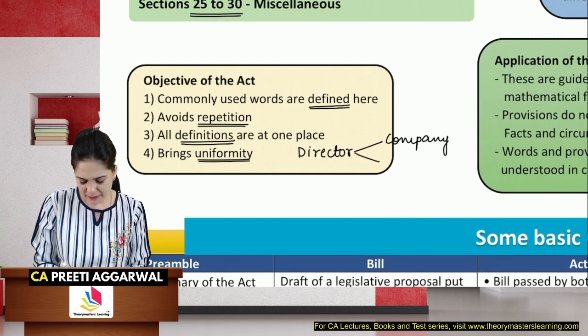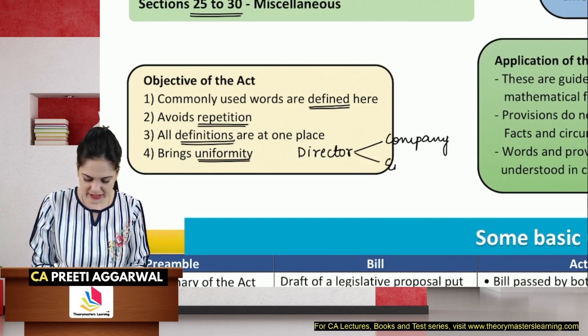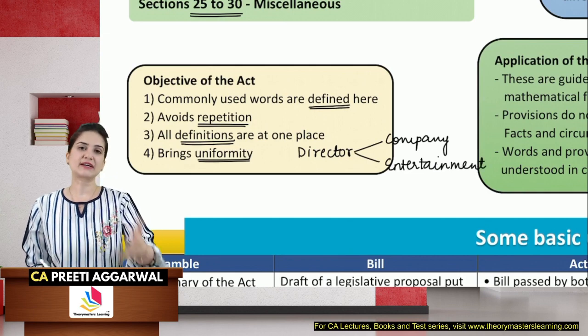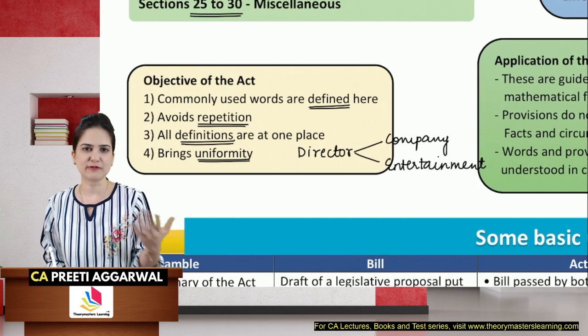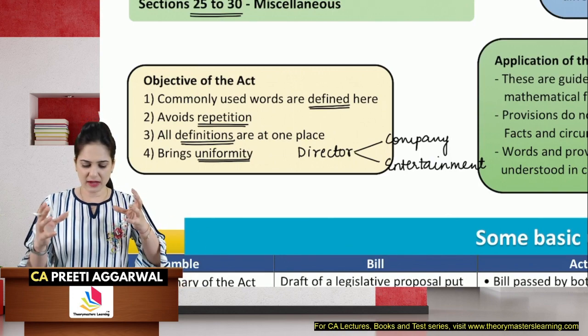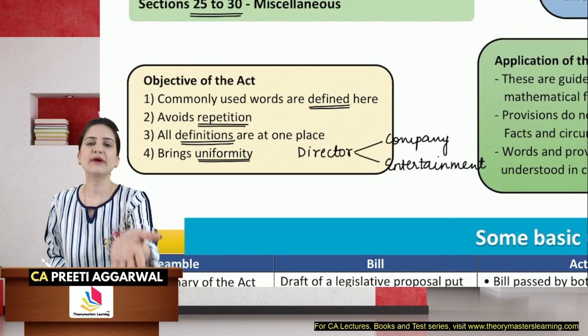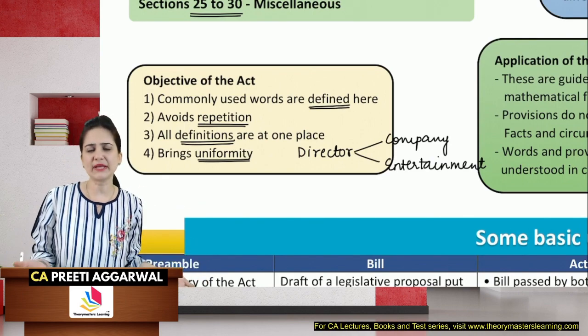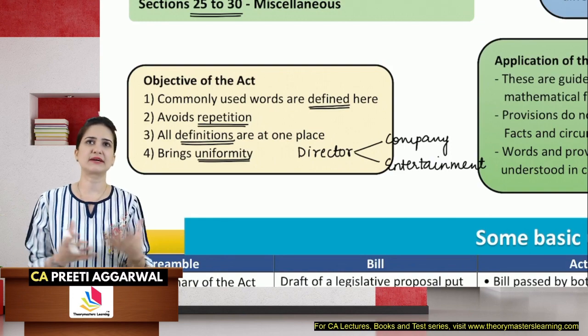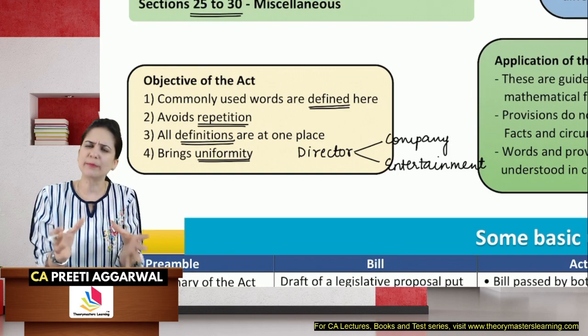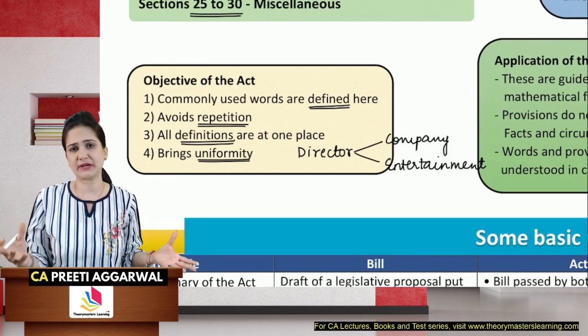But what if I am using the word director as far as entertainment is concerned? Director can be director of a movie, can be director of a play. If one word is very generally used, you may consider director of a company, I may consider the word director as director of a play. There is confusion because the word is so common that it is open to different interpretations.